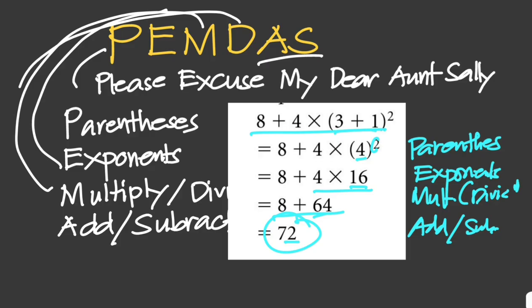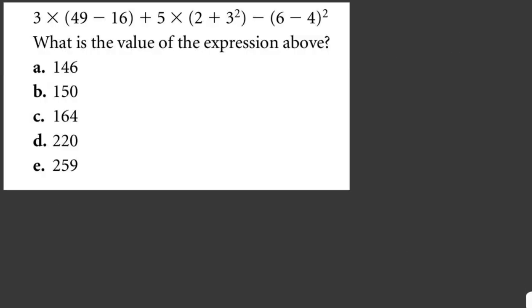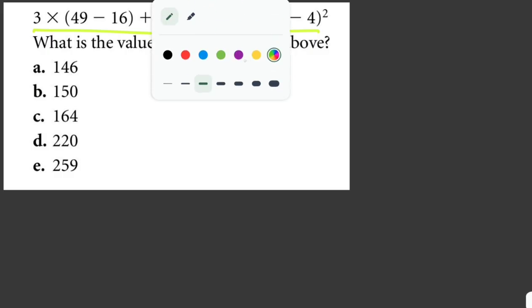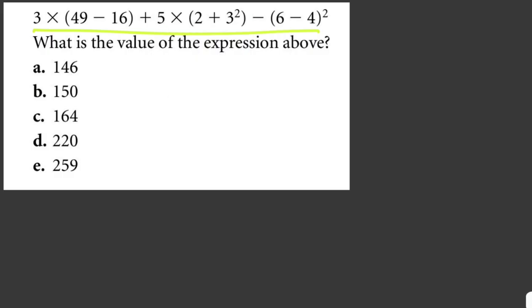Let's say you're given this problem. Okay, what is the value of the expression above? Now, following the order of operations, this expression here can be simplified as follows. The first thing we do is we solve or perform the expression inside the parentheses.